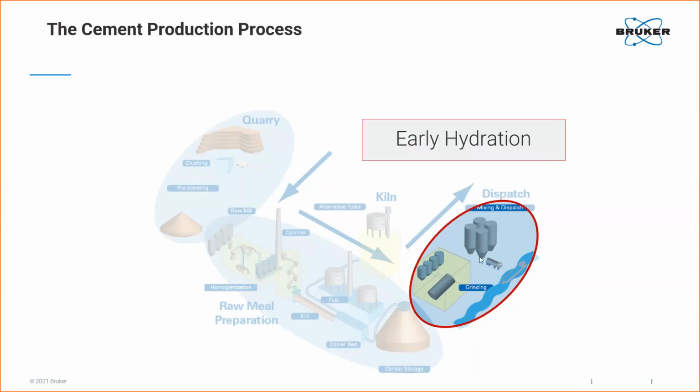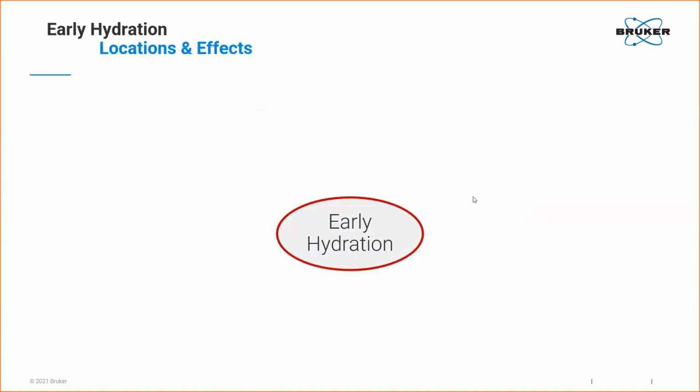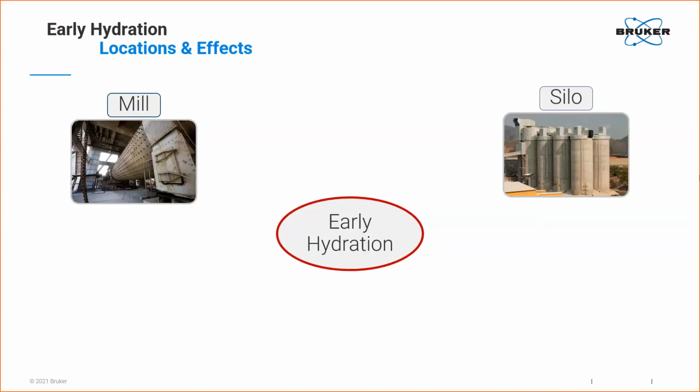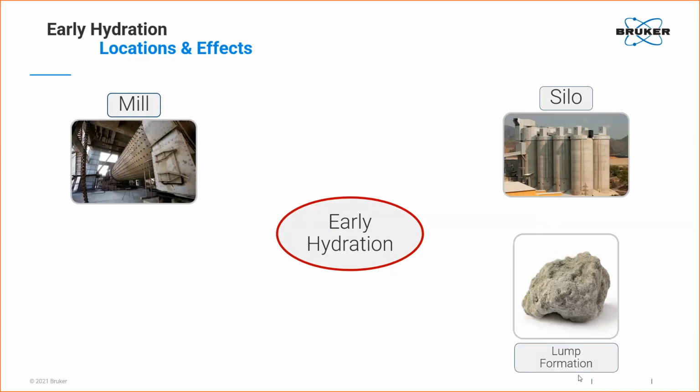And we want to follow what can happen here regarding hydration processes, unwanted hydration processes. So when we think about early hydration, we can find this in the cement mill. This also is pretty related to the type of mill you're using. There's a difference between a ball mill and a vertical roller mill. We need to consider early hydration in the silo, which may lead to lump formation.